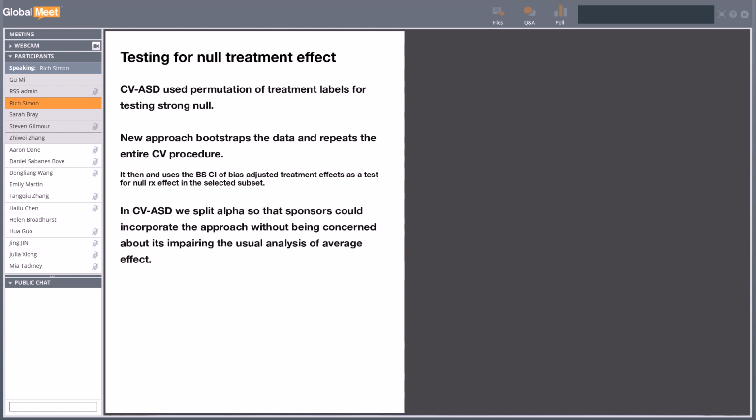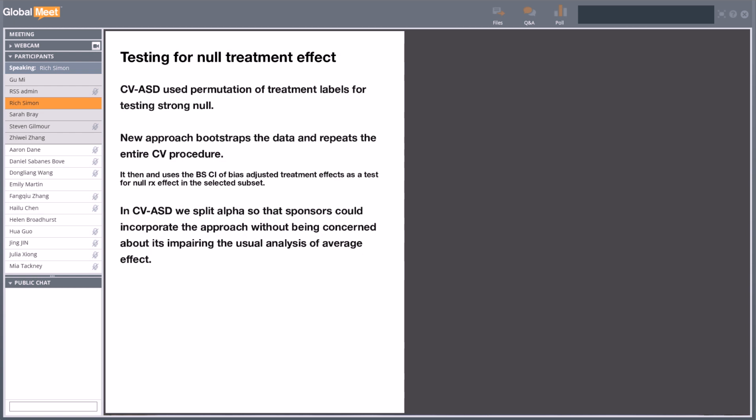Now, there's also an important difference in the way the treatment effect is tested within that subset between the way we did it originally in the cross-validated adaptive signature design and the way Zoué's paper does it. We used a permutation of the treatment labels, which, as the paper points out, tests a strong null hypothesis of no subset effect of any type.